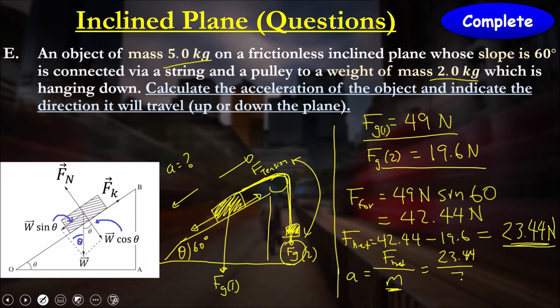So it's actually 7 kilograms, because they are attached together by a string, so they identify as one object. So if I find what the answer is, I find my acceleration is 3.35 meters per second squared.